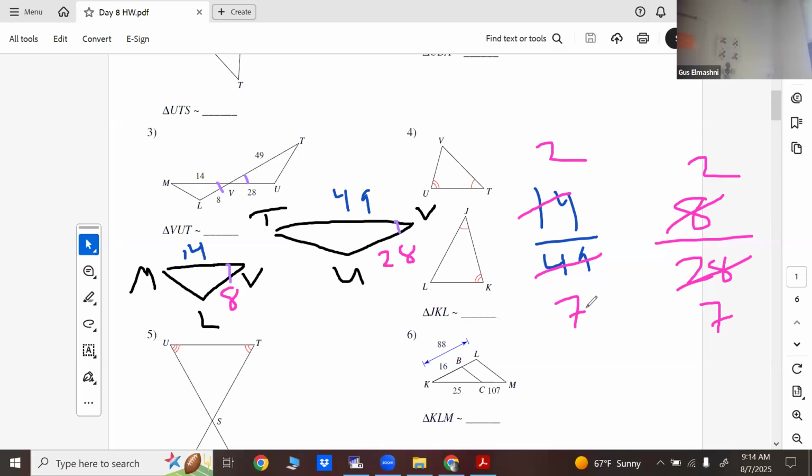That's side angle side. Right? You see how you have side, angle, side. So if you're saying VUT, they're going to say VLM. It's similar to triangle VLM. So VUT, VLM.